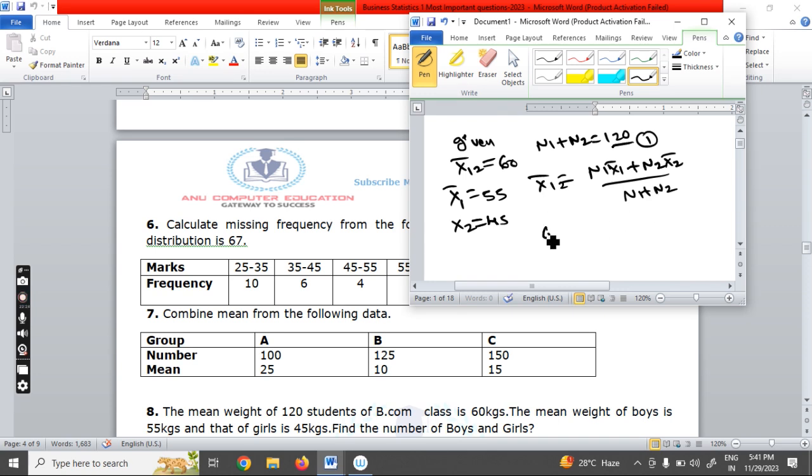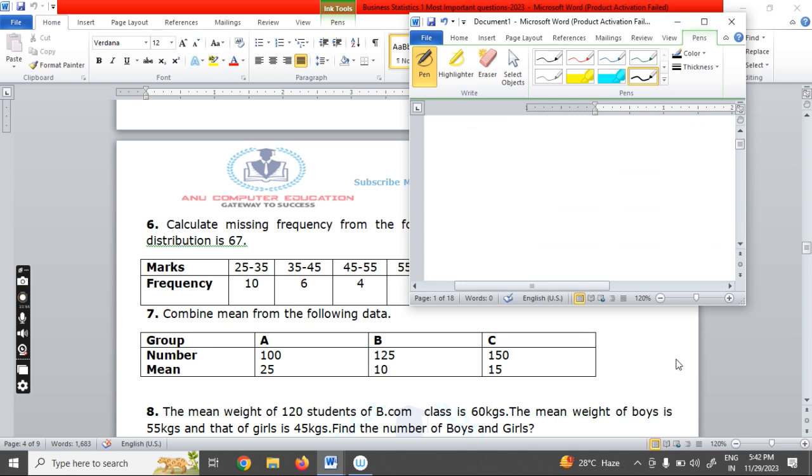This answer you know, 60, and n1 you don't know, so you write n1 into 55 plus 45 into n2, and n1 plus n2 you know is 120. Do the cross multiplication and you will get one equation here. Solve this equation 2 and equation 1, and you can get the values of n1 and n2. That is your number of boys and number of girls.